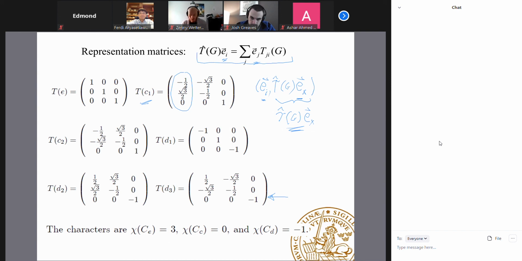It's quite straightforward. So we see then we have 6 matrices representing the group elements. We notice already that the matrix is in block form.